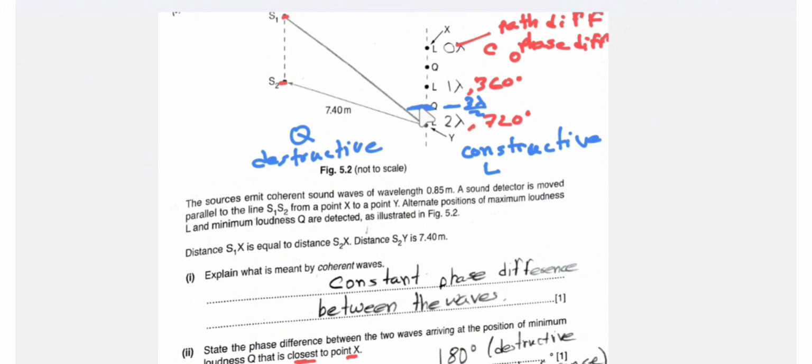From one loudness to the next loudness is 1 lambda, so from the first loudness to the second loudness is 2 lambda. So S1y is equal to 7.4 plus 2 lambda. So we get the distance as 9.1 meter.